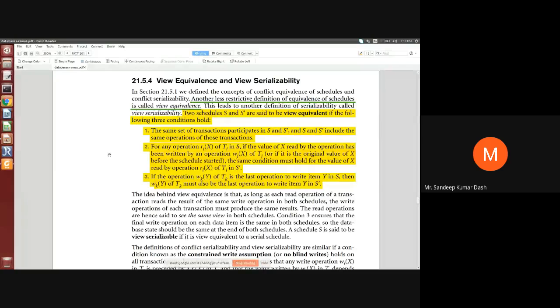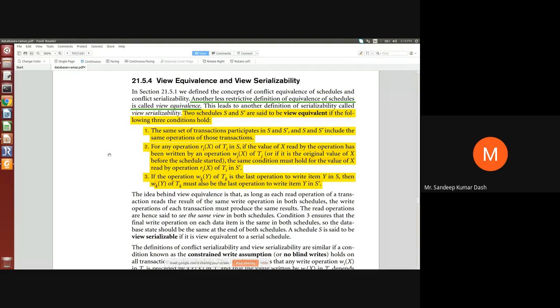That is another less constrained version of conflict serializability. Okay, which has three conditions. How you can check whether a schedule is view serializable or not, or view equivalent or not. It is called a less restrictive version of your conflict serializability.